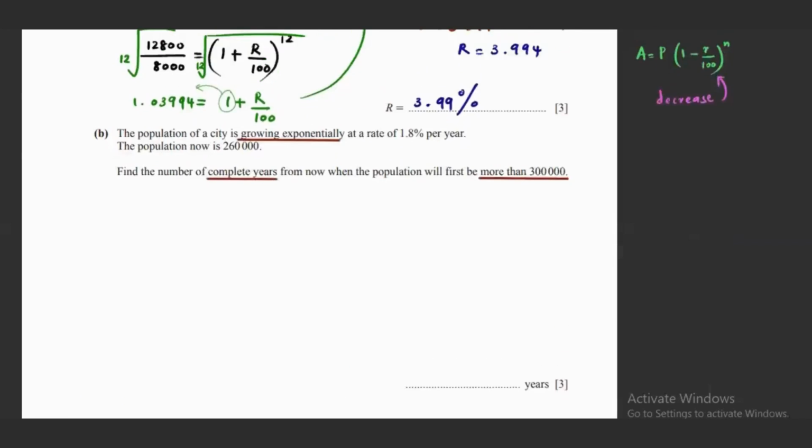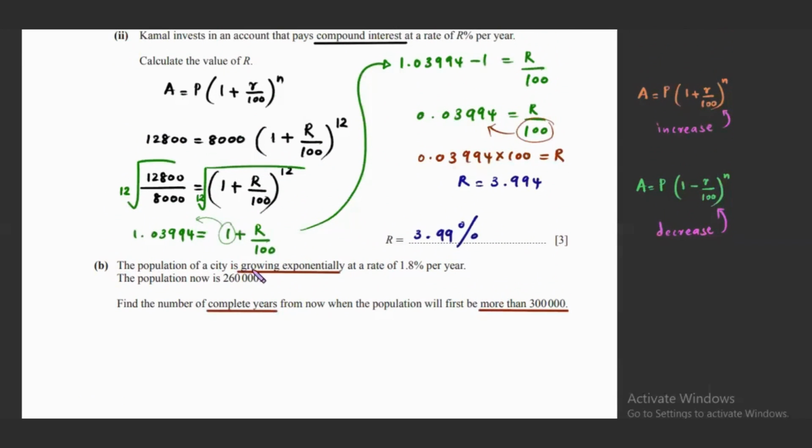So when it comes to population growth, this is an exponential increase. So this is similar to compound interest. So we can make use of the compound interest formula.